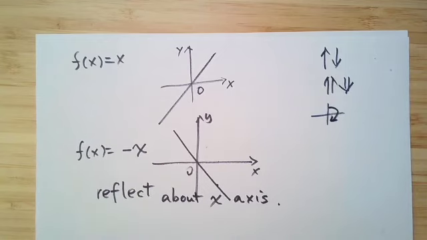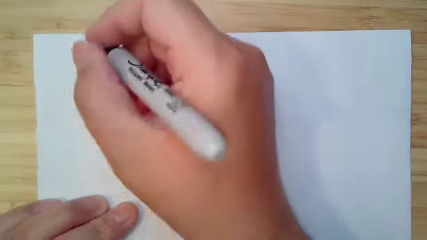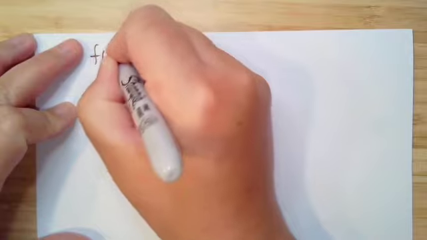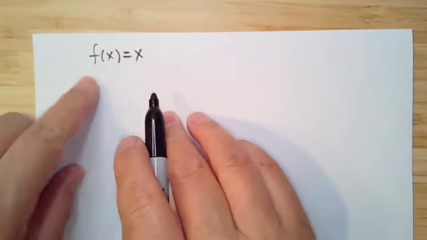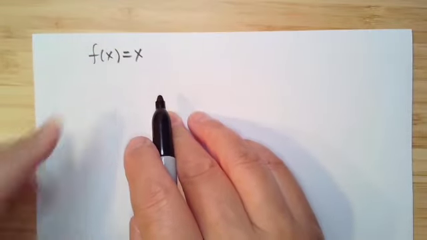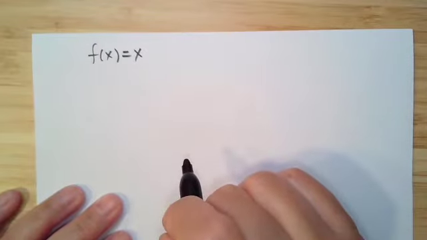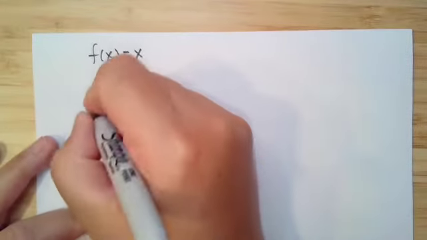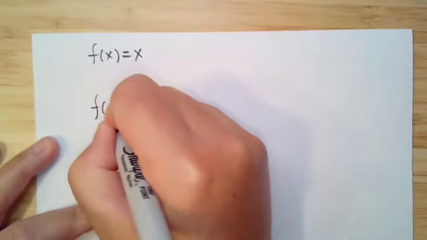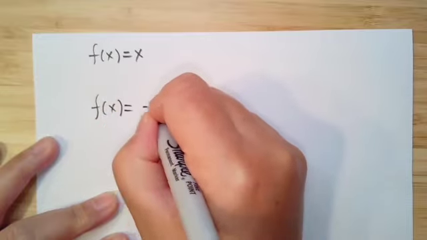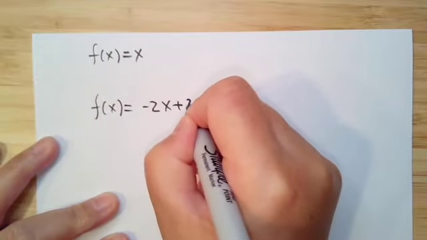Now, what about the next one? What about the transformation from the parent function? So now you see why this is the parent function, right? All the other linear functions are just like the kids of that. So how do you get f of x equals negative 2x plus 3? Now I'll tell you what to do.